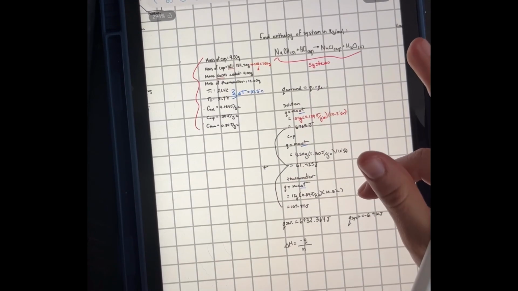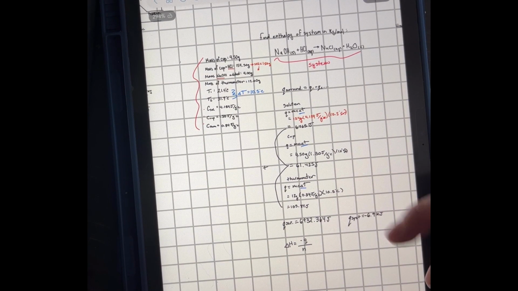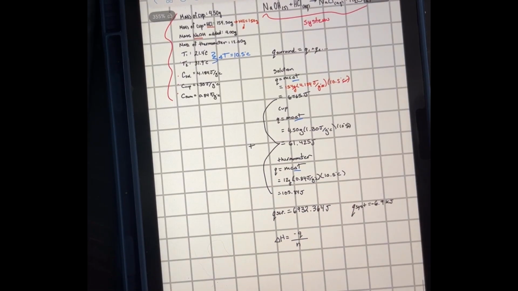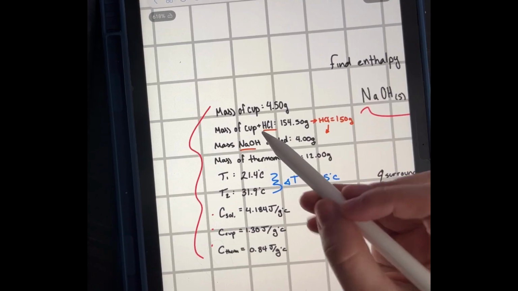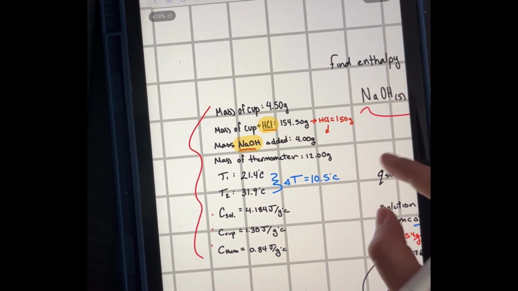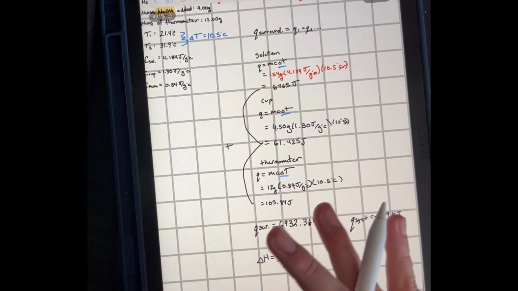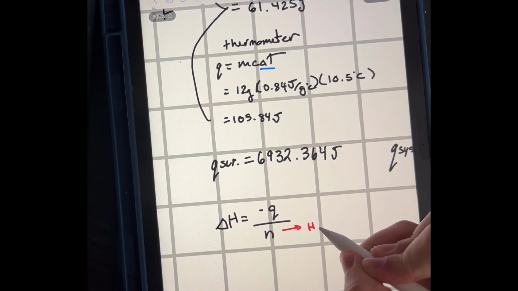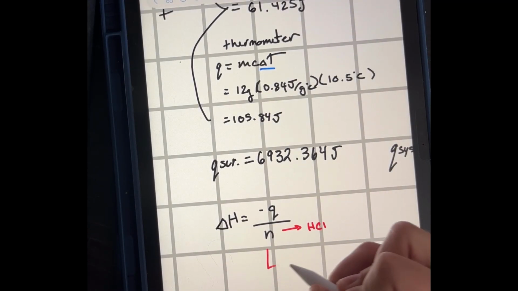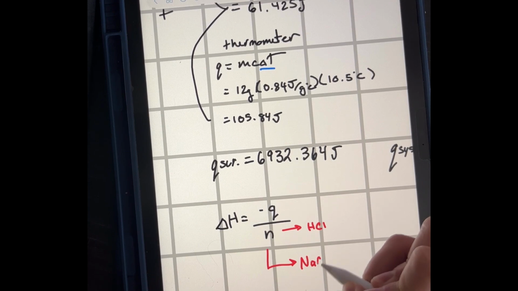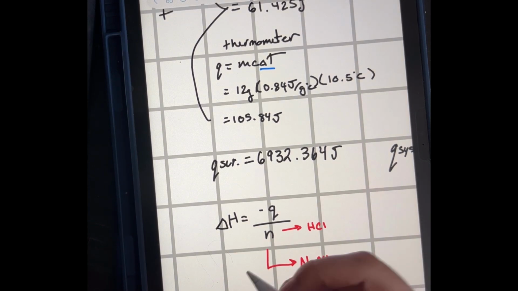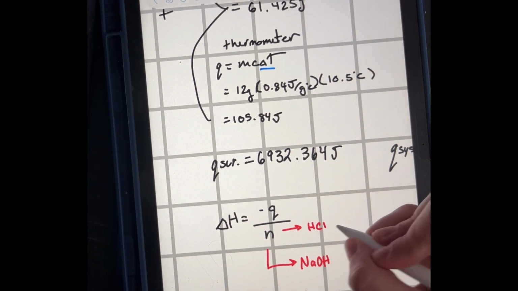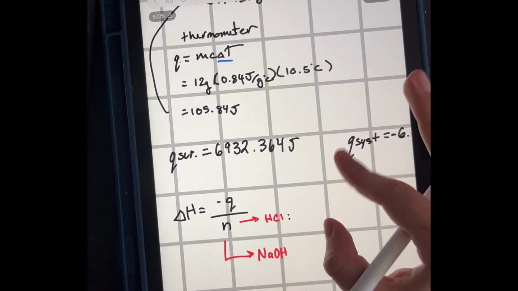So now we have moles, we have the system, and now we have two possibilities of moles that we can use, right? We have HCl and we have NaOH. We need to determine which one is the limiting reactant, so let's do exactly that.